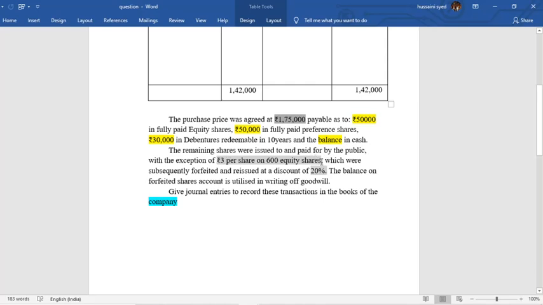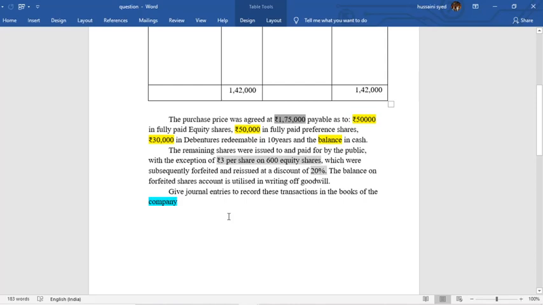Calls in arrears means the unpaid amount, which were subsequently forfeited. Forfeited means cancellation of the shares is called the forfeiture of shares.